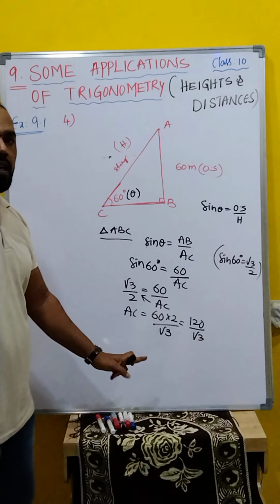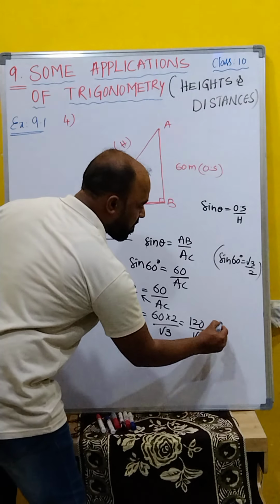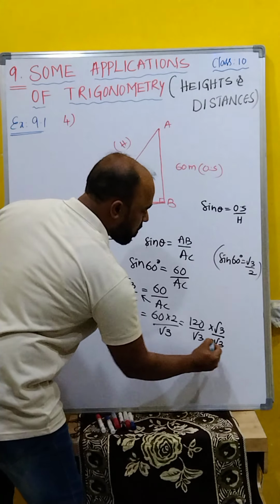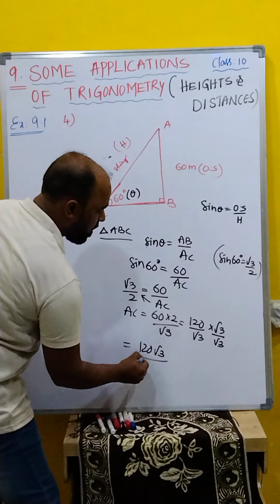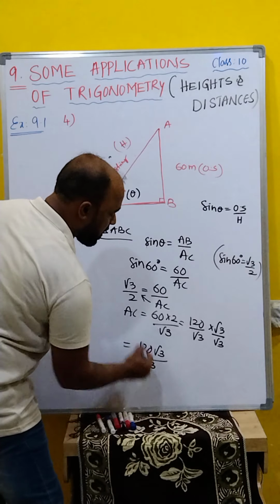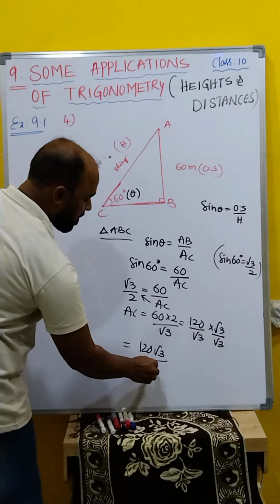What is the denominator again? It is an irrational number. We have to rationalize. Rationalize: root 3 by root 3. Then it is 120 root 3 by root 3 into root 3. What is the answer? 3. Clear, children? Cancel this, 3 ones are 3 and 3 40s are 120. Then what is the answer here? 40 root 3. What we are finding here? AC value.